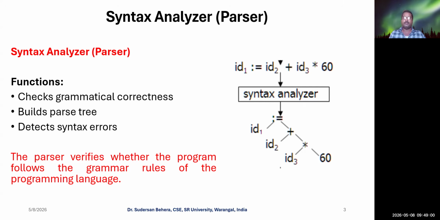It identifies that by constructing a kind of tree known as a parse tree, grammar tree, or syntax tree. So the output of the syntax analyzer is nothing but a syntax tree, also called a parse tree. Once it imposes the grammar on the collected tokens, it produces a parse tree, and through that parse tree it identifies whether all the tokens are arranged in a particular grammatical order or not.